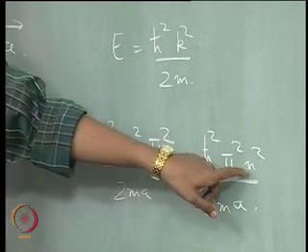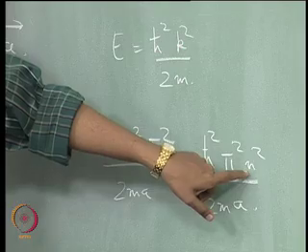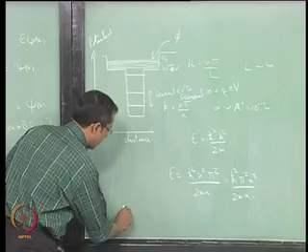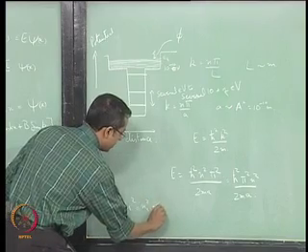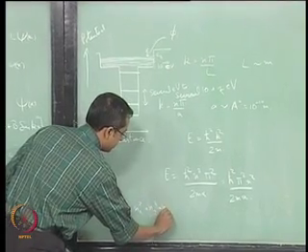And again this is also done only in a one dimensional sense right now. Strictly in 3 dimensions, n square equals nx square plus ny square plus nz square.